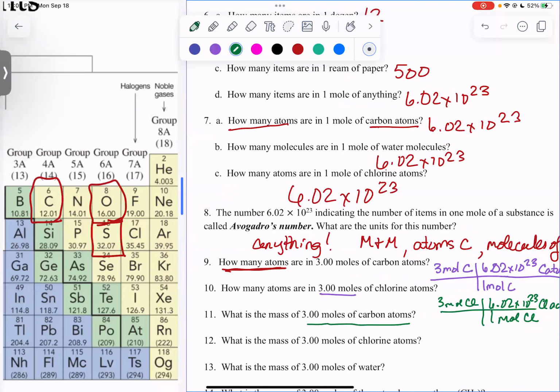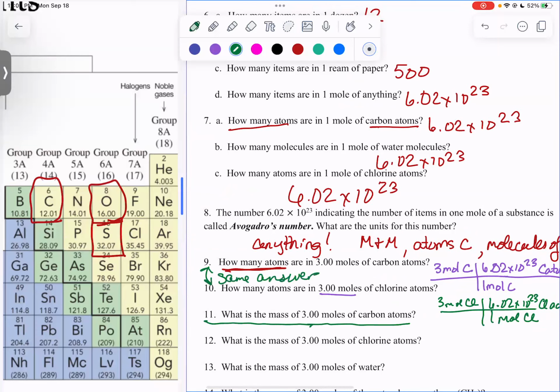But now, what we're asked in number 11 is what is the mass of 3 moles? So 9 and 10 have the same answer, because they're just dependent upon Avogadro's number. But 11 and 12, think about this. If we are comparing chlorine and carbon, if I have 3 moles of carbon atoms right here, and I have 3 moles of chlorine, which one's going to be heavier?